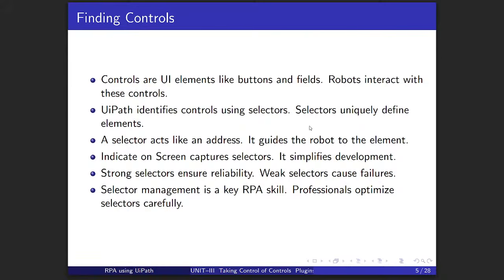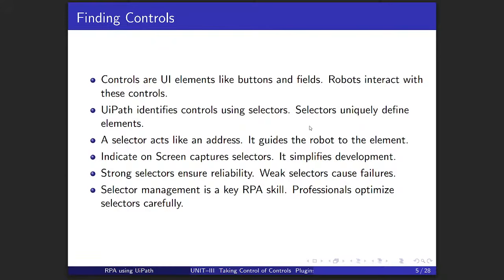Controls are the parts of this application that users interact with. Examples include buttons like submit, text fields where we type names, drop downs where we select options, and checkboxes we tick. All these types of clicks will be there in the browser.